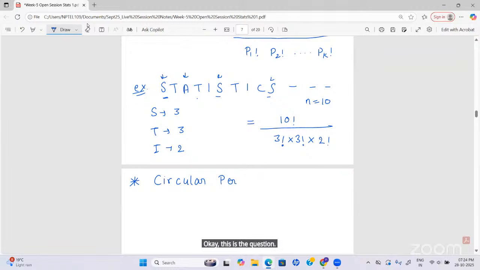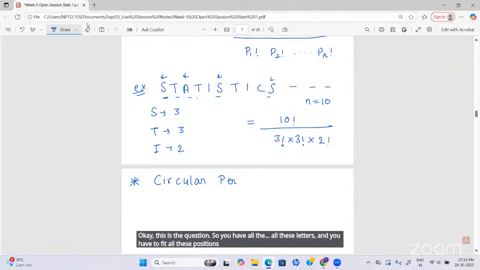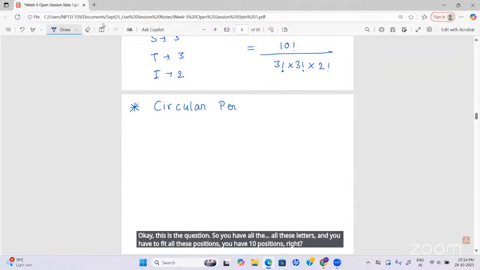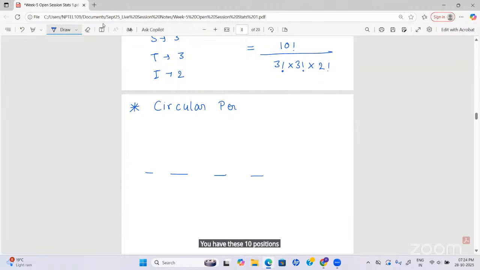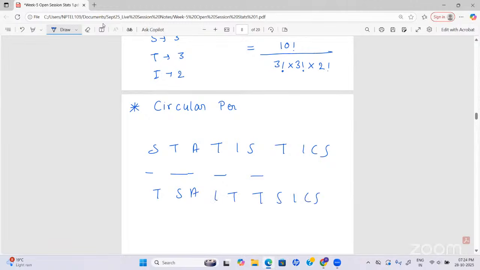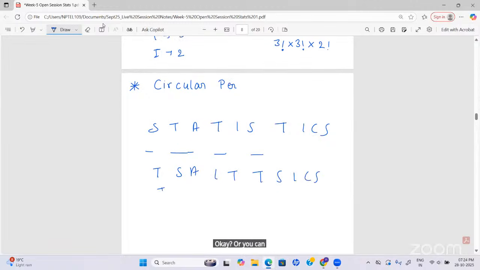So you have all these letters and you have to fit all these positions. You have 10 positions, right? You have the word statistics. You can write it like this, or you can write it like this.